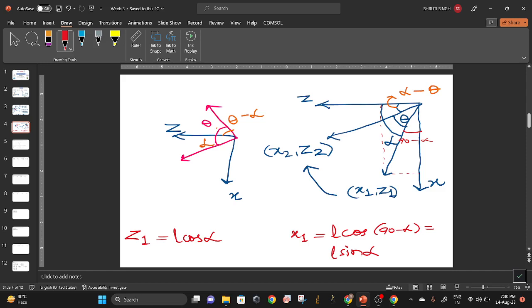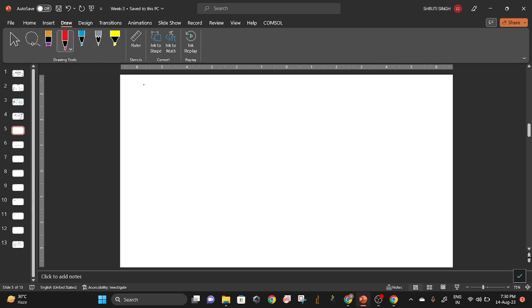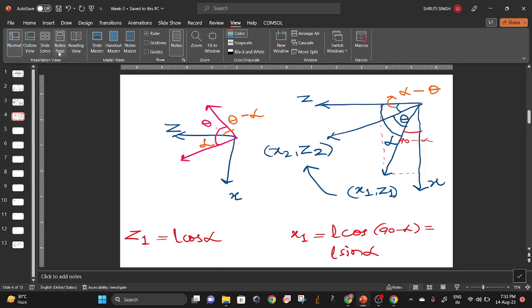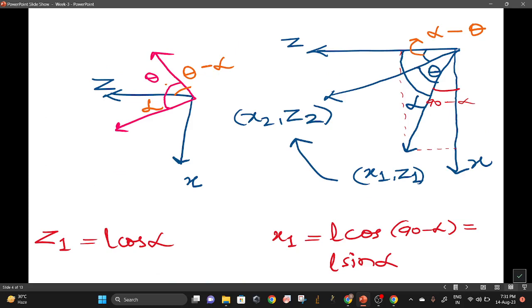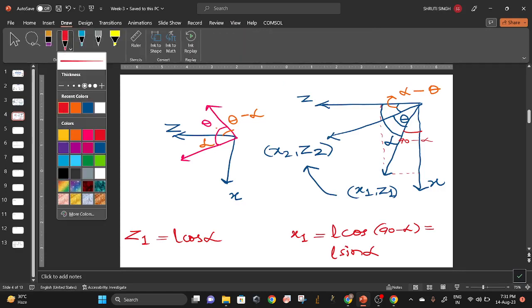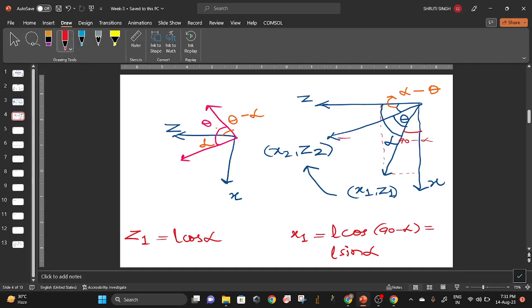Okay. Now x2. This is my x2. The angle is theta.